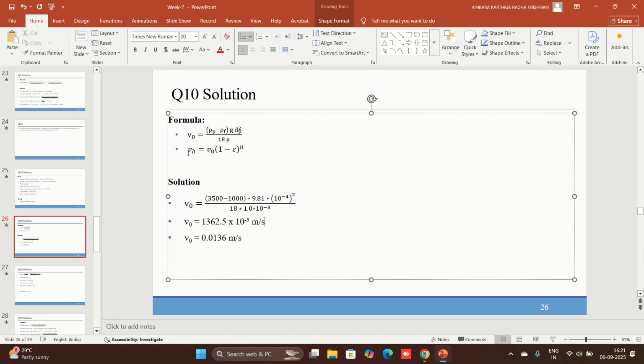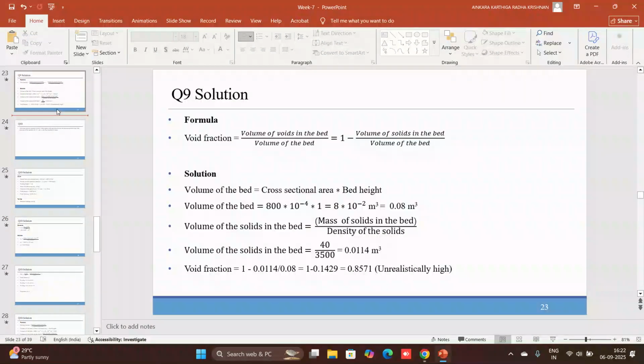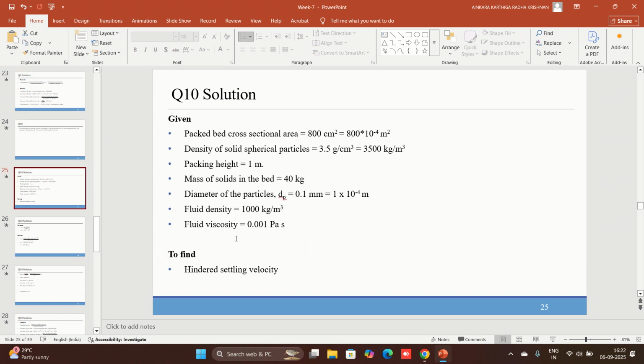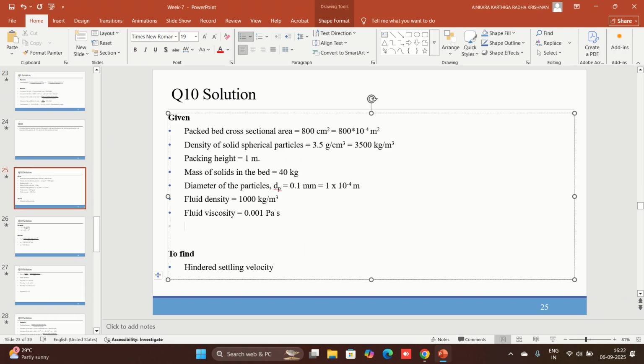So now we have to find the hindered settling velocity, because we have found the value for the free settling velocity. So hindered settling velocity is equal to V naught into 1 minus epsilon to the power of n. And here we know epsilon, the void fraction.